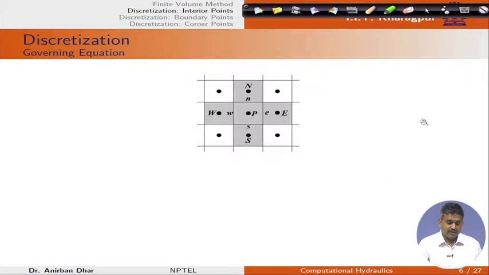So, let us consider the discretization of the governing equation for interior nodes. For interior nodes, there will be an interior node P, there will be one north cell, one south cell, one west cell and east cell, with east, west, north, south faces.